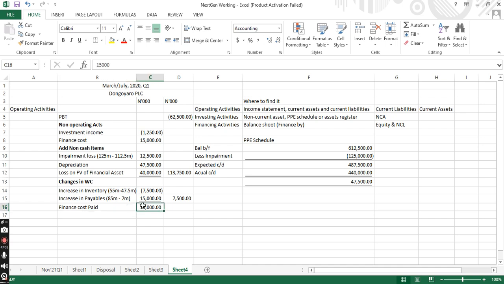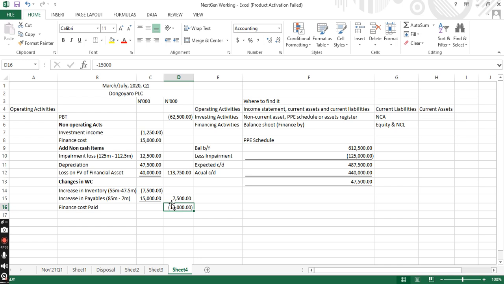Now, this is an outflow. Am I right? This is an outflow. Someone can simply ask, when I know that I'll still bring back my finance cost paid, why did I add it here when I know that I'll still subtract it here? Who can answer that question?